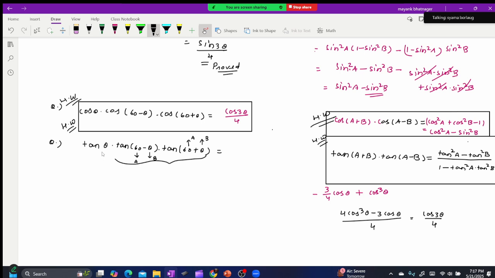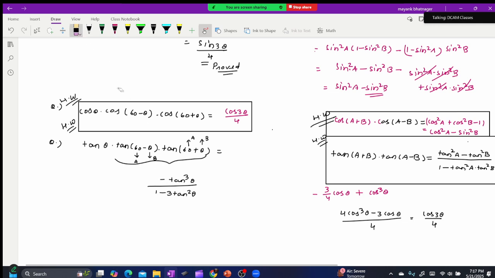Three minus tan cube A by 1 minus 3 tan square A. Sorry, sir, 3 tan A. It's okay. What Haripriya, what were you telling? Sir, it's 3 tan A minus tan cube A by 1 minus 3 tan square theta, na?